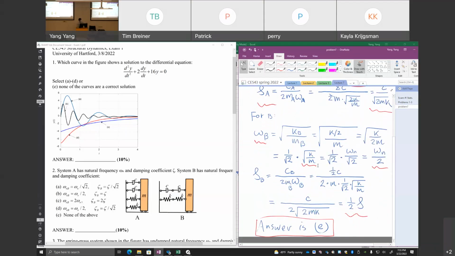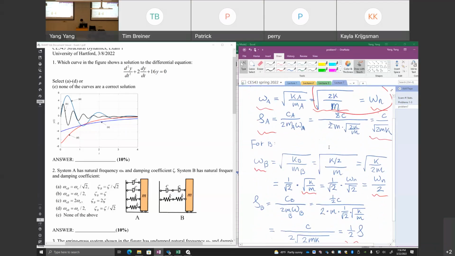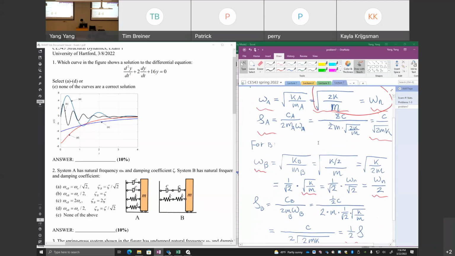Any questions for the second problem? Yes. Why do we need to solve for A?